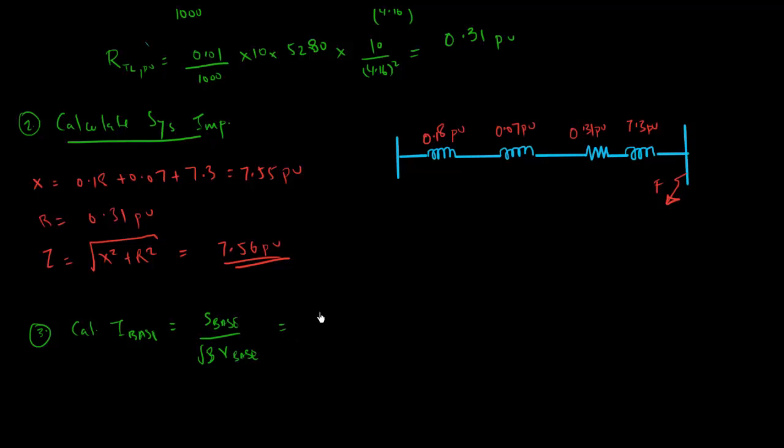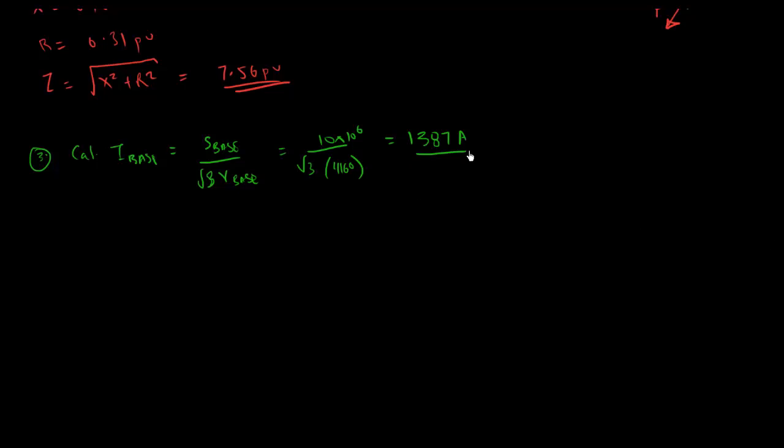So we have 10 over root 3. This is MVA, so we can say 10 times 10 to the power 6, and this is 4160, because it's 4.16 kV, so then you get a value of 1387 amps.